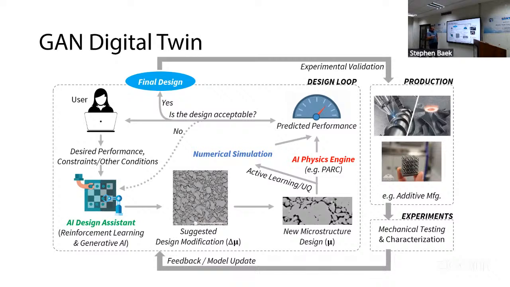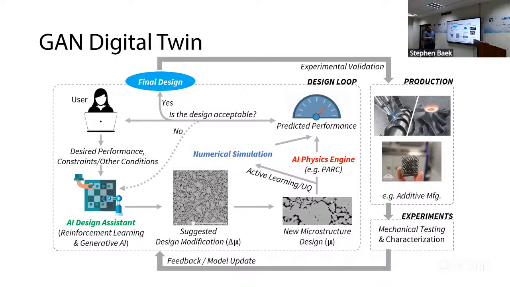And as we go over the loop, we'll get closer to an optimal design. That will produce some final design candidate, which then gets sent over to manufacturing and then material testing.